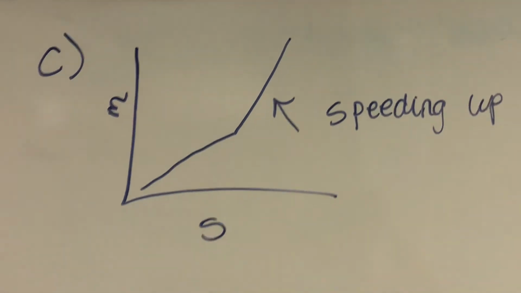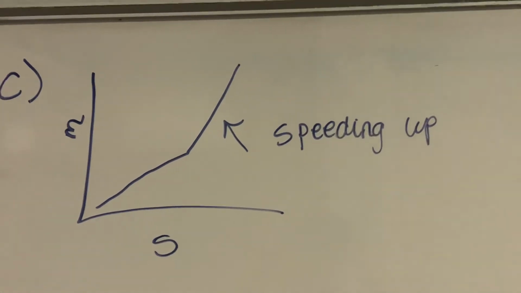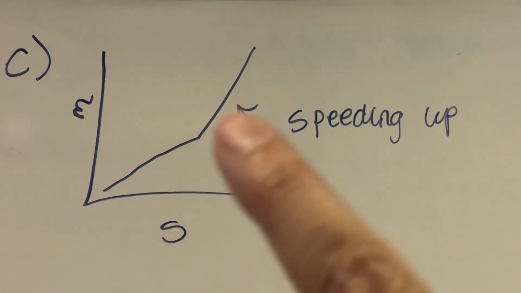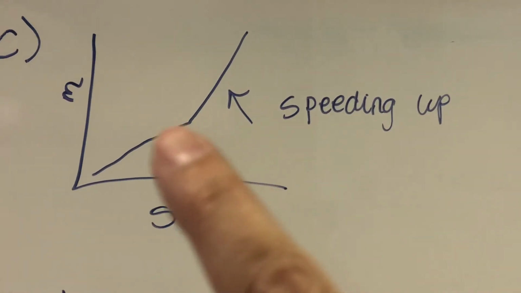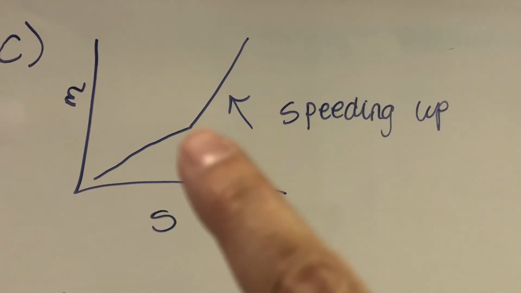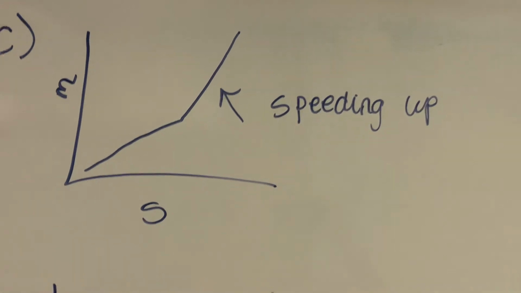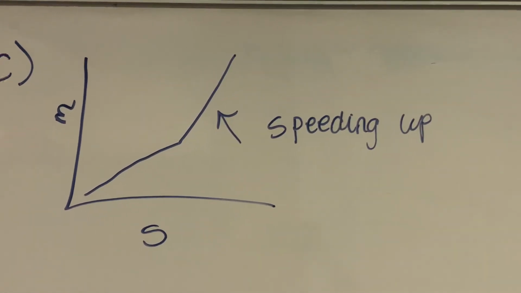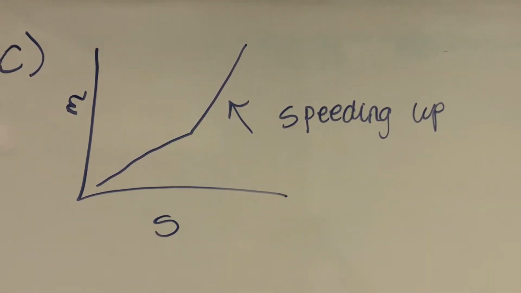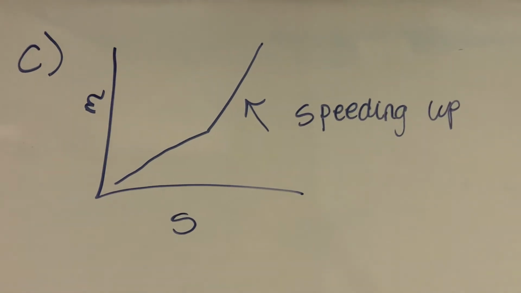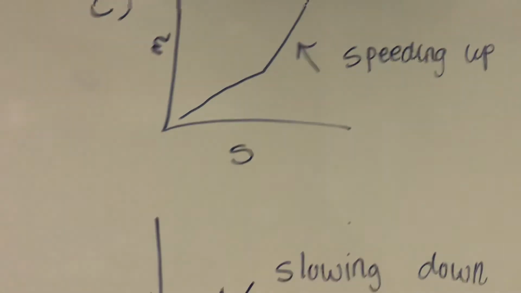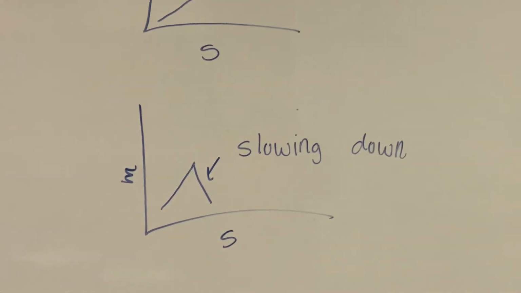Moving on. C is speeding up. If you notice my line, it has a constant speed right here. That is constant. When it takes a jerk and goes straight up, I have sped up. My line has increased in its steepness, so therefore I sped up. On this one I changed a little bit for slowing down.